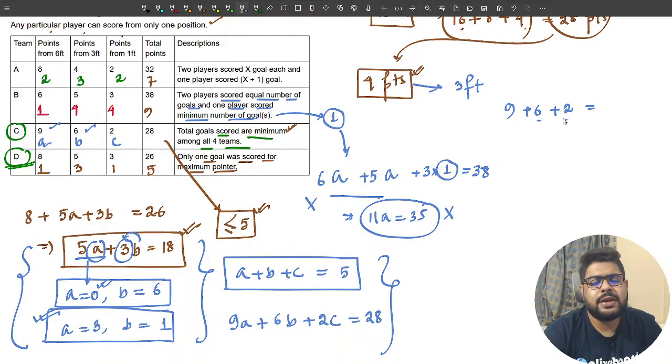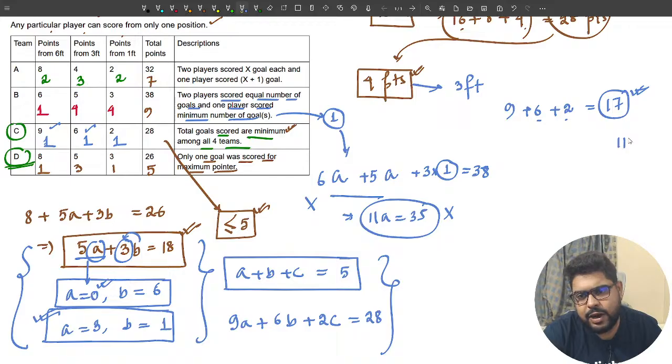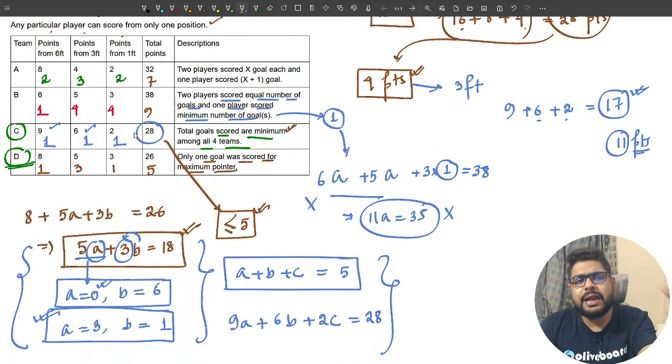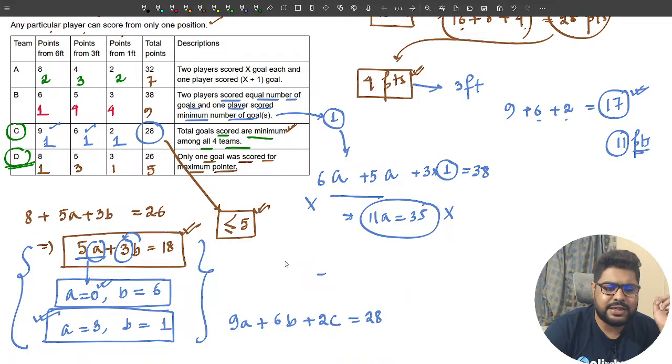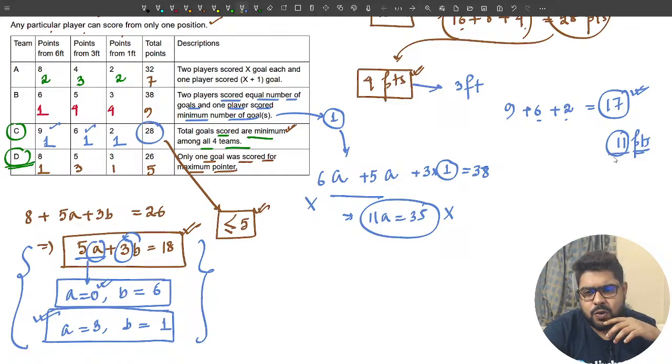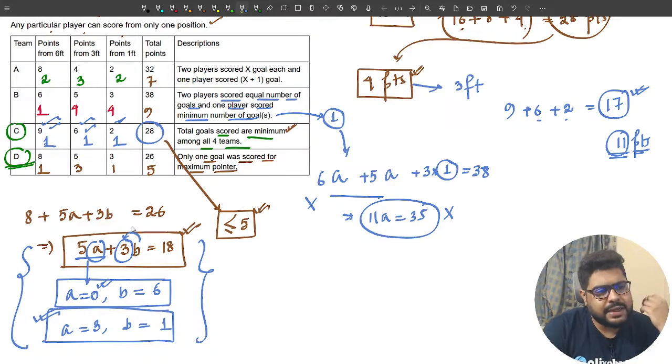So 6 plus 2 is 8, and 8 and 8 are 16, so 17 points have already been scored if I go with 1 goal each from each of these distances. Now 11 points are left, because the total number of points is 28. How can I get 11 points using 9, 6 and 2? 6 can never come.